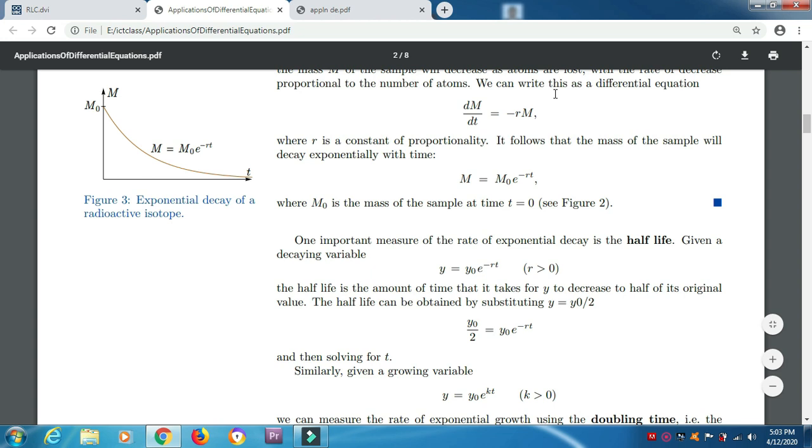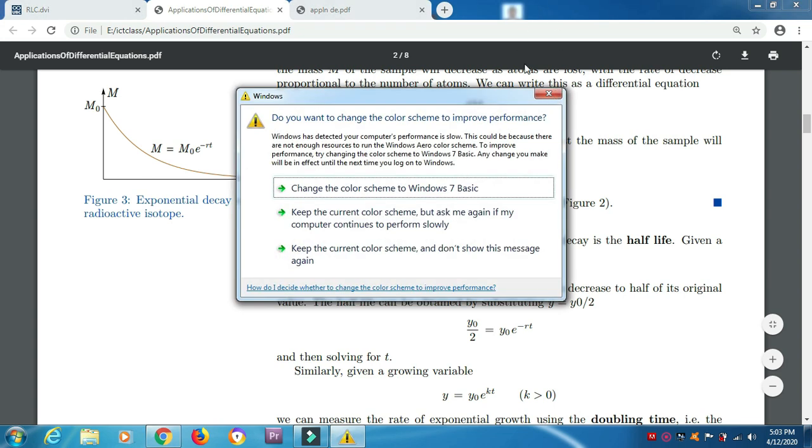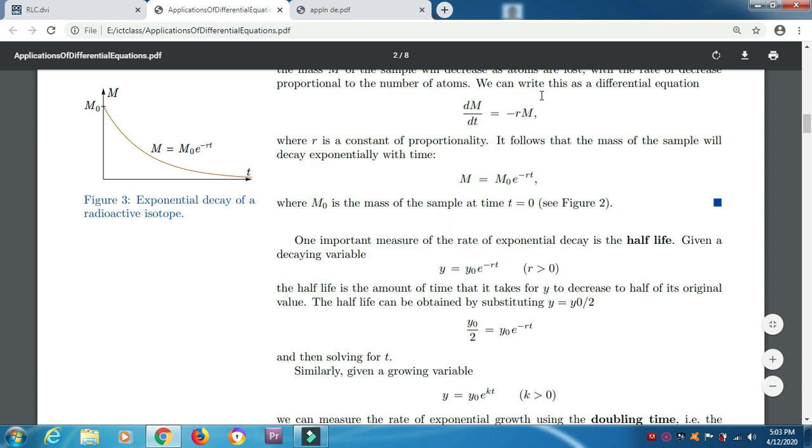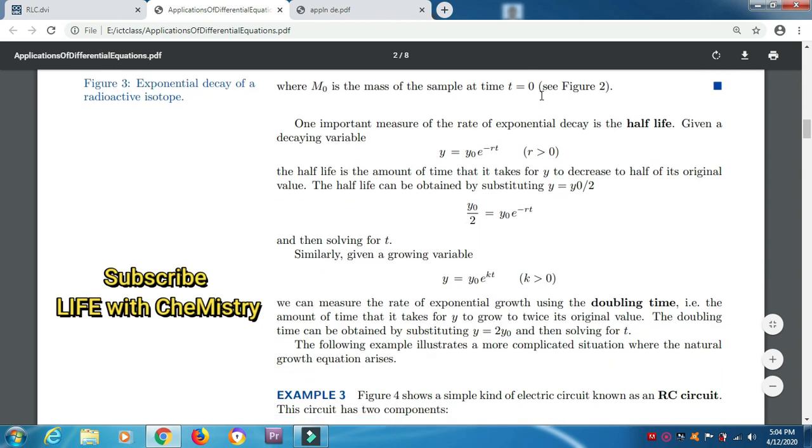Similarly, given a growing variable y equal to y naught into e power kt, where k greater than 0, we can measure the rate of exponential growth using the doubling time. In this case we consider y equal to 2 times the initial state, that is y equal to 2 into y naught, because now we are going to study the doubling time.